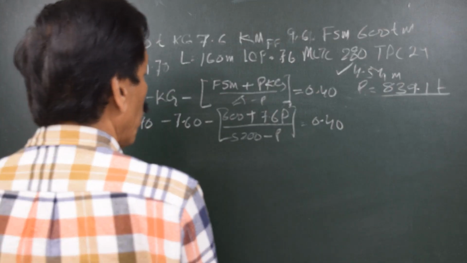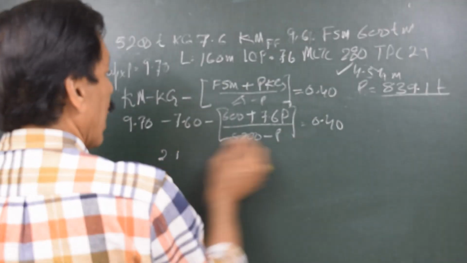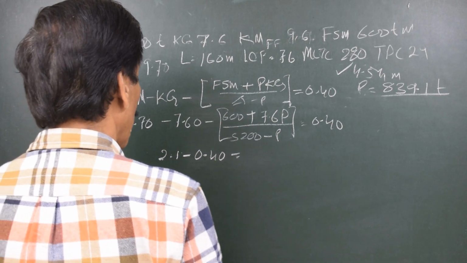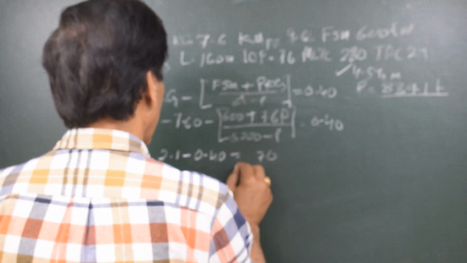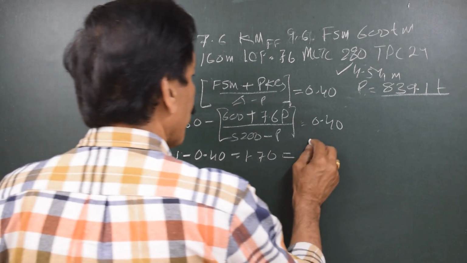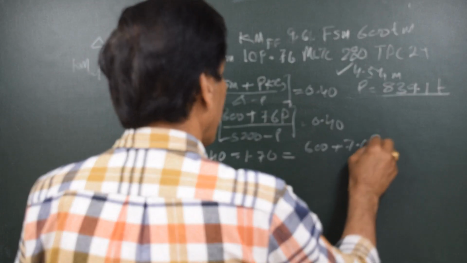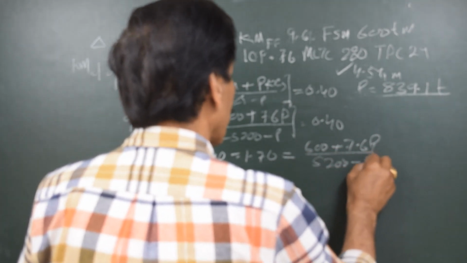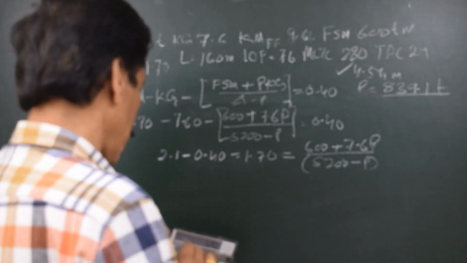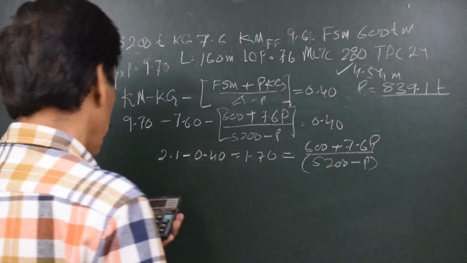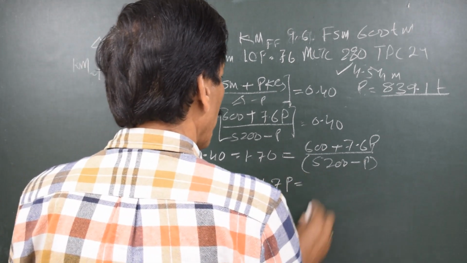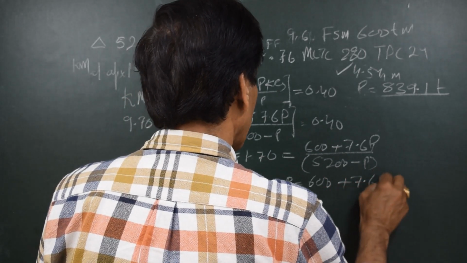This 2.1 and 0.40 comes on this side, will make it 2.1 minus 0.40, that is 1.70, and this will be equal to 600 plus 7.6P upon 5200 minus P. Cross multiplying, we'll get 5200 into 1.7 gives me 8840 minus 1.7P equal to 600 plus 7.6P.